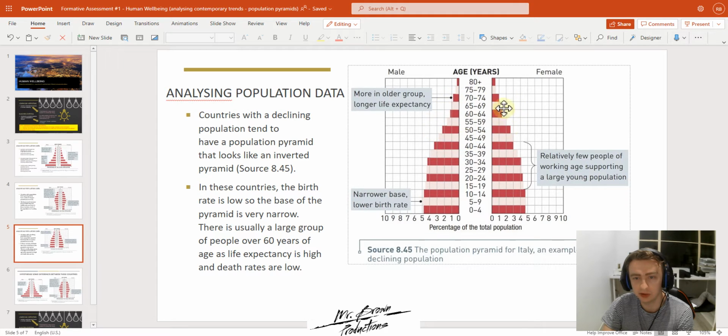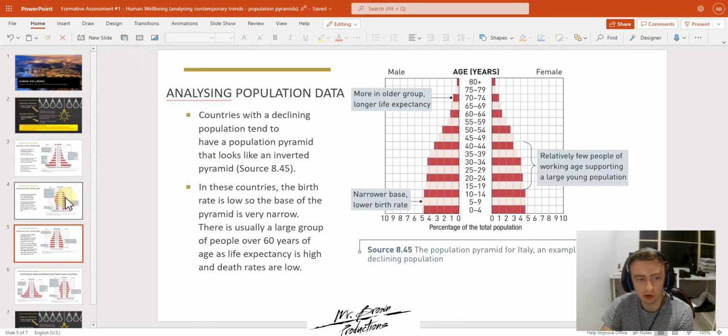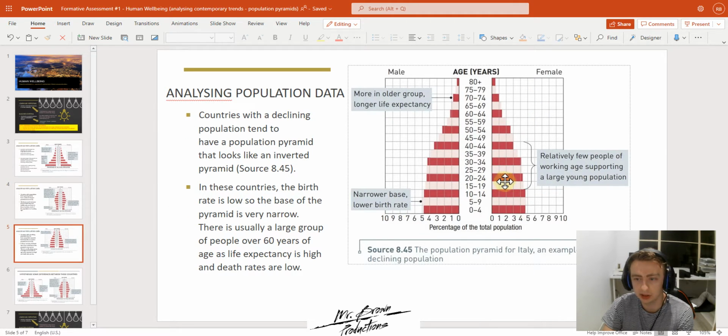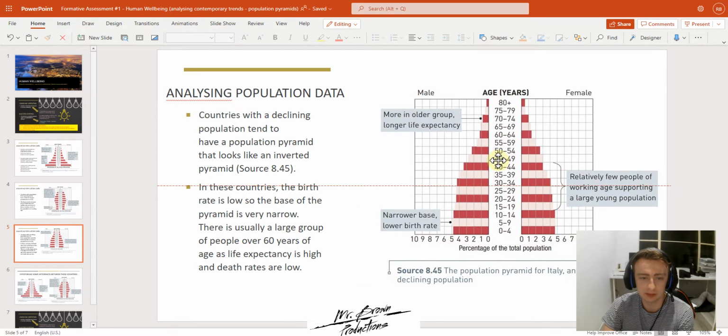So generally it's still got a longer life expectancy than most third world countries, but it's not quite as good as Indonesia. And that's evident in the amount of year range that this goes up to. Okay, so you tend to have more of a pyramid shape with this one here, and each country is very different.